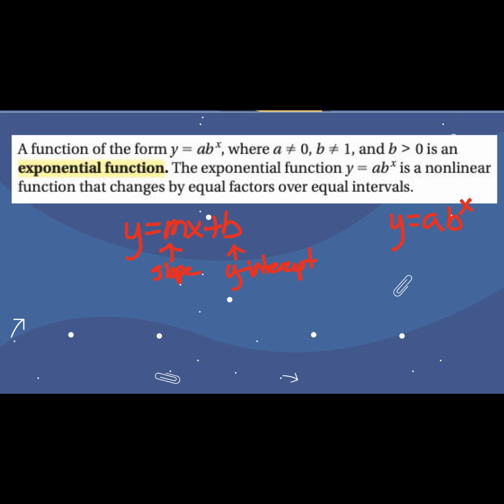Now, in our exponential function, the a value is our y-intercept, and the b value, we don't call it slope with an exponential function because slope implies that it's staying the same. We call it, remember I mentioned the common factor? Yeah, I think she says common factor.